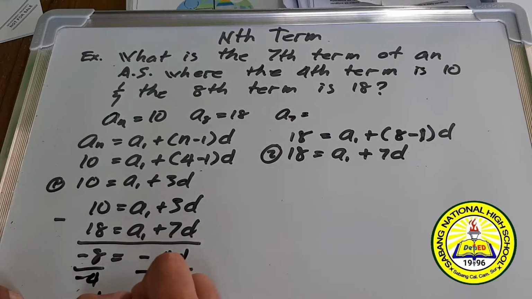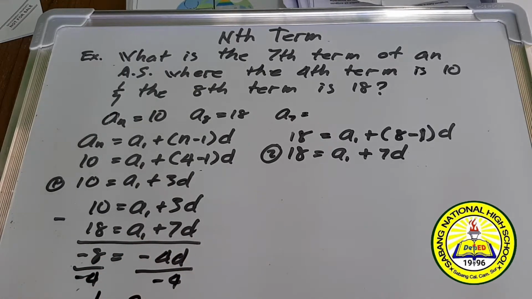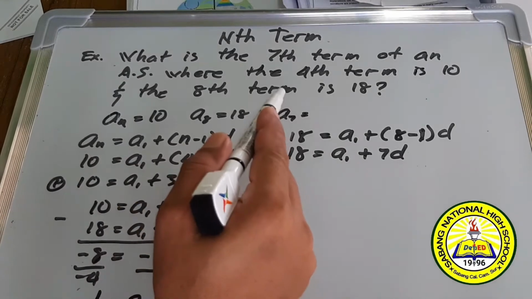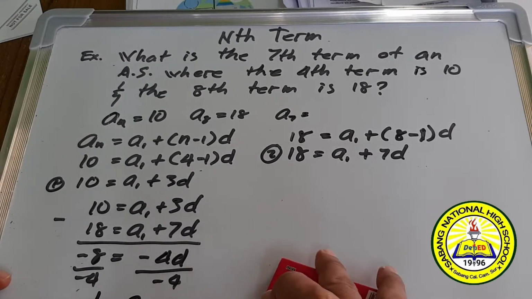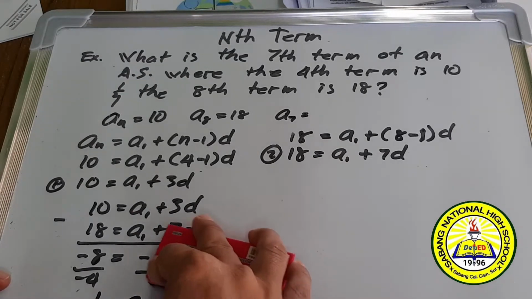Therefore, d is equal to 2. We now have the value of the common difference, which is 2. Having this common difference 2, we can now find any term by adding 2 on the fourth term going to the seventh term. But let us stick to the formula. Therefore, by computation, the value of d, or the common difference, is 2.